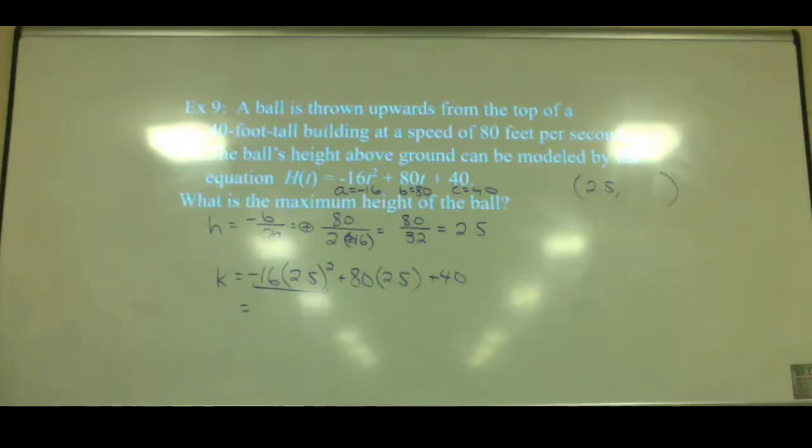Can you tell me what you get when you type in the first part? Just the first one. Yep. So I think you get negative 100 there. And then go ahead and do the next part. What's 80 times 2.5?